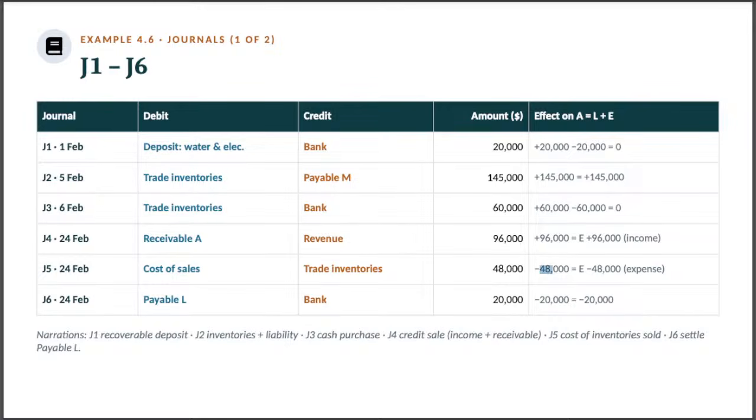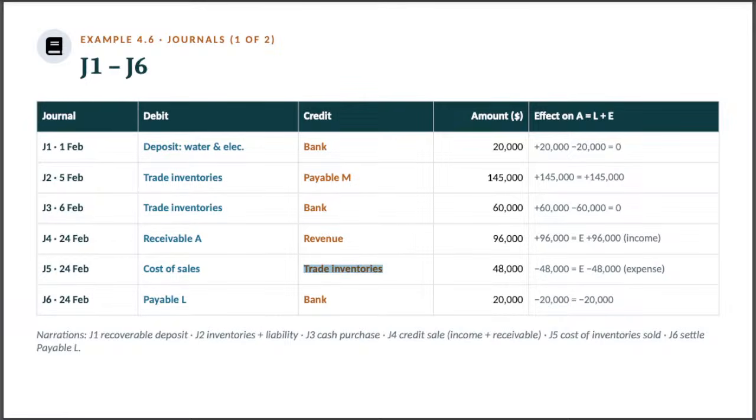And again, the effect on the equation here. This is pretty much for our uses here. You wouldn't necessarily need to put it in like this, but this is so you could see how each amount we put in here, for instance, the cost of sales, debited, right? This account increased.